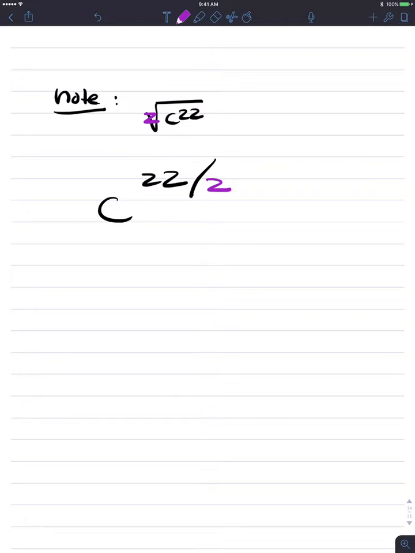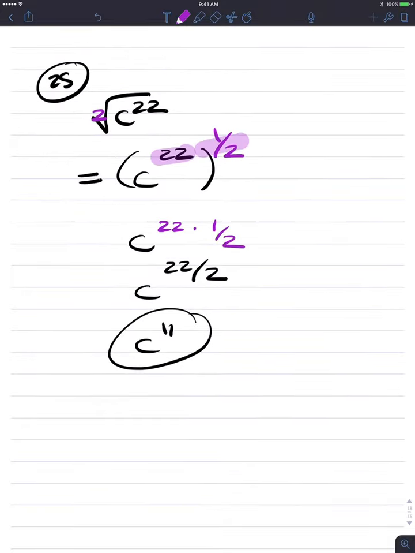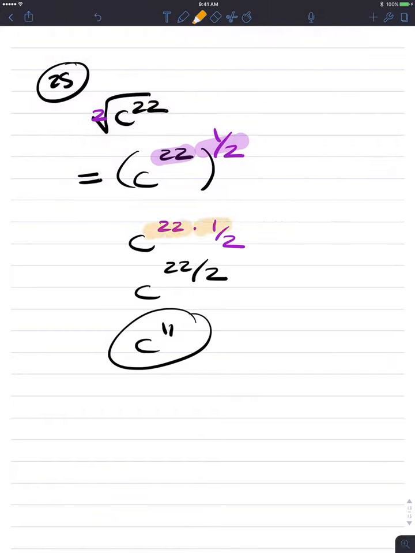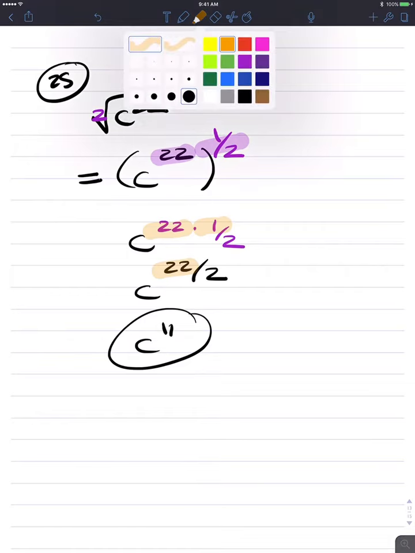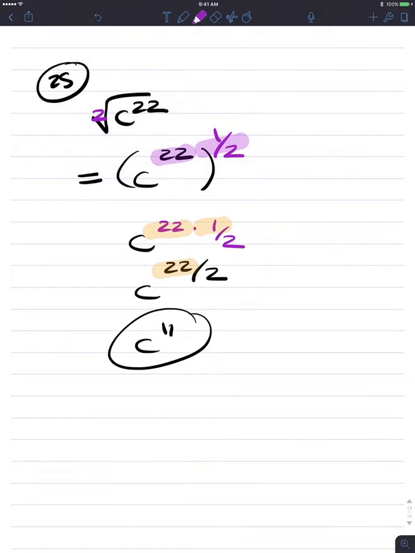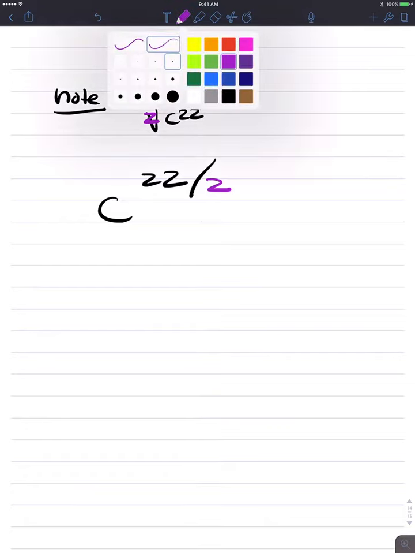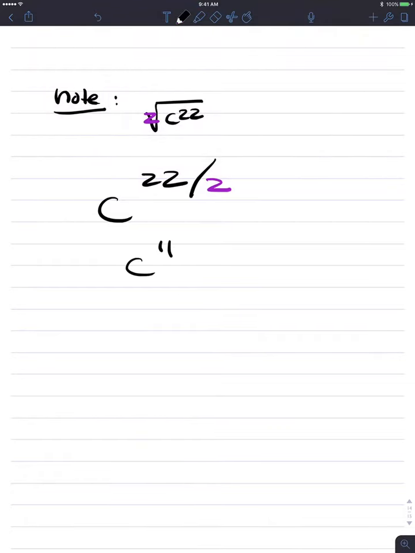So I can always divide my power by simply the index, and this makes everything a lot easier. The justification is what you see here, that when I take these numerators, 22 times 1, I always get 22. So I might as well always simply divide my power, if I can, by 2, since that's my index here. An even shorter way. Final answer is going to be the base c raised to the 11th power. 22 divided by 2. An even better way.